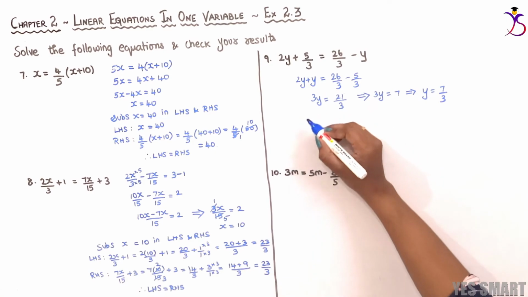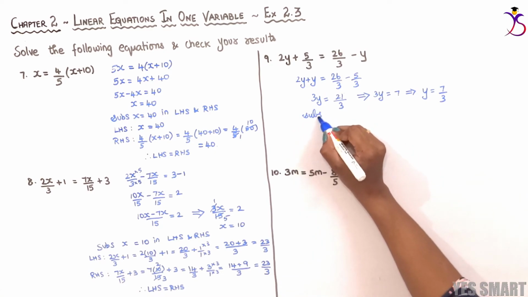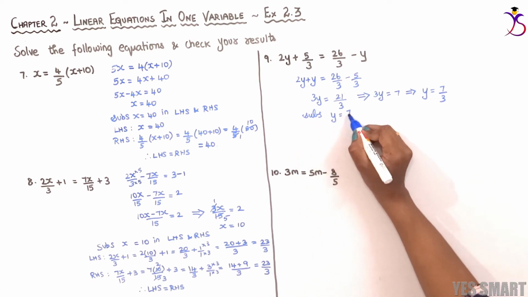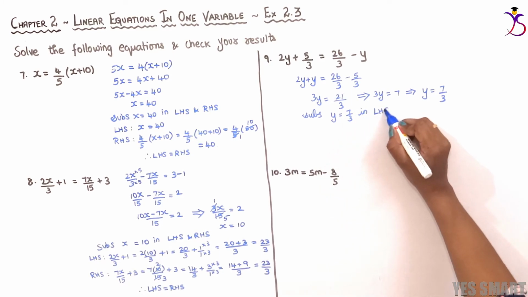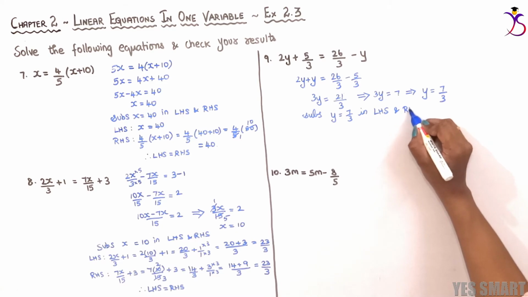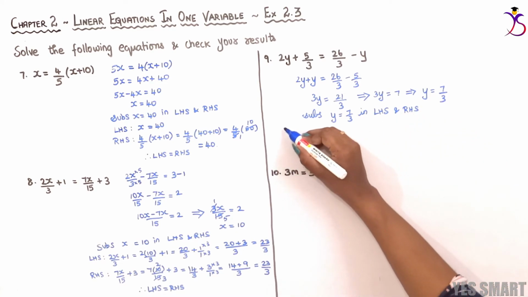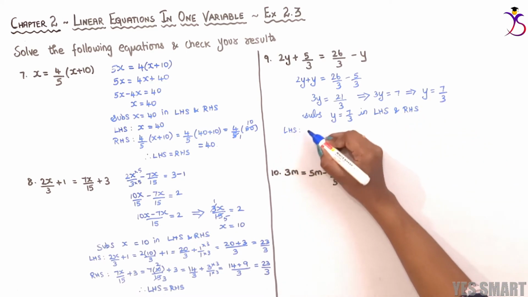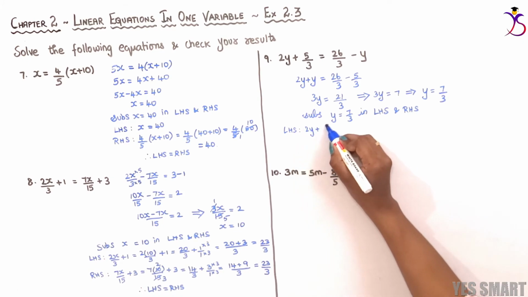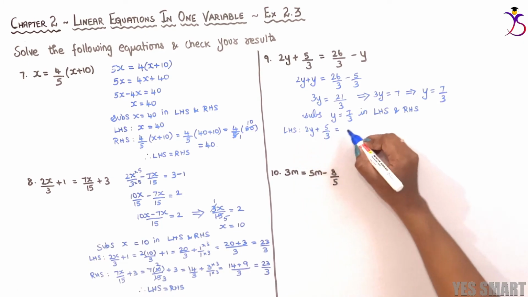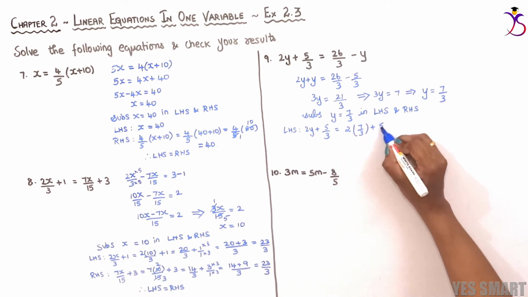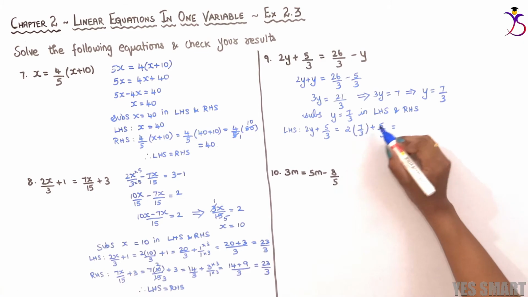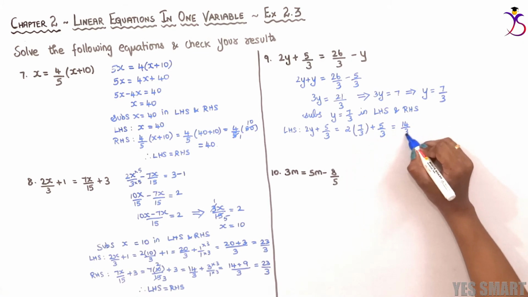Let's substitute the value in LHS and RHS. LHS: 2y plus 5 by 3 equals 2 into the value of y, which is 7 by 3, plus 5 by 3. 2 into 7 is 14. So 14 by 3 plus 5 by 3.